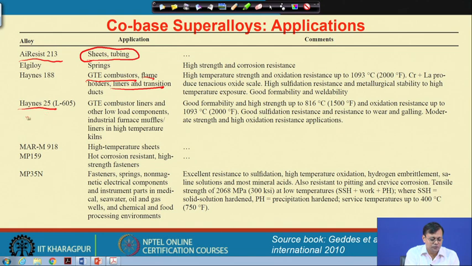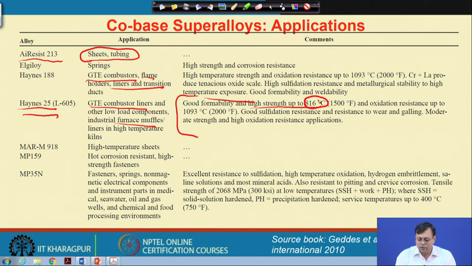In case of Haynes 25, the microstructure I have shown you here, GT combustor liner is often used, where good formability is one of the properties and high strength up to 816 degrees is required and oxidation resistance is quite high.